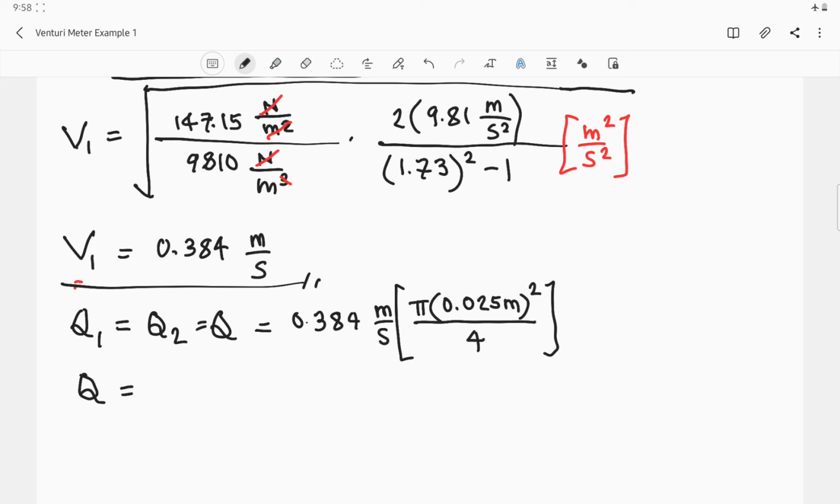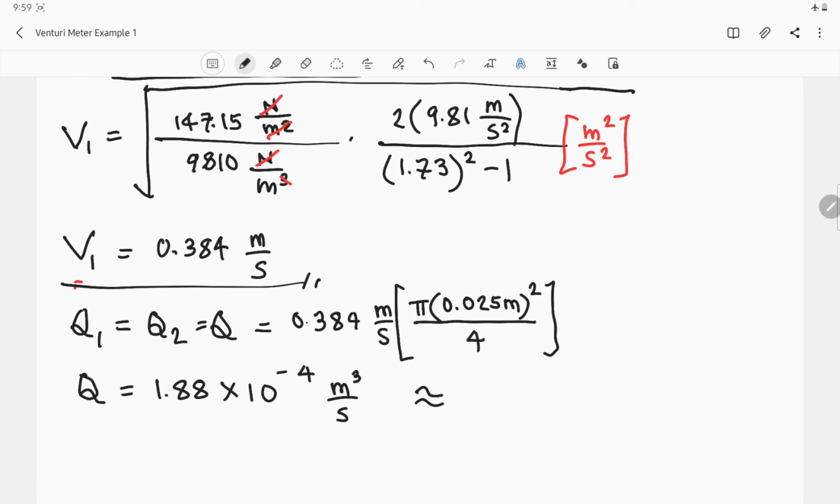That's 1.88 times 10 to the negative 4 cubic meters per second.